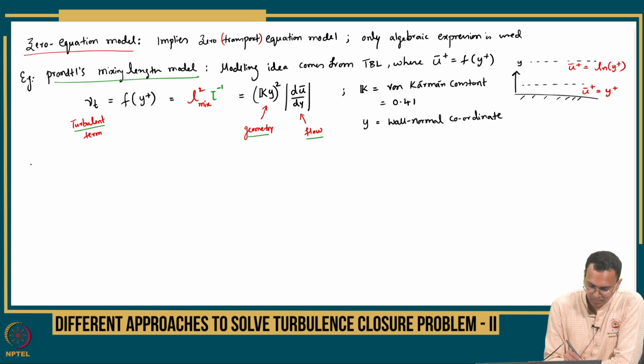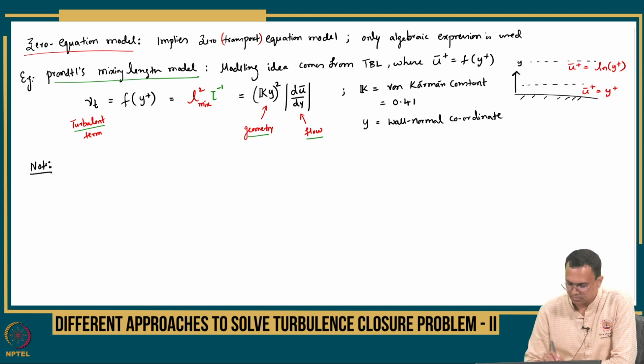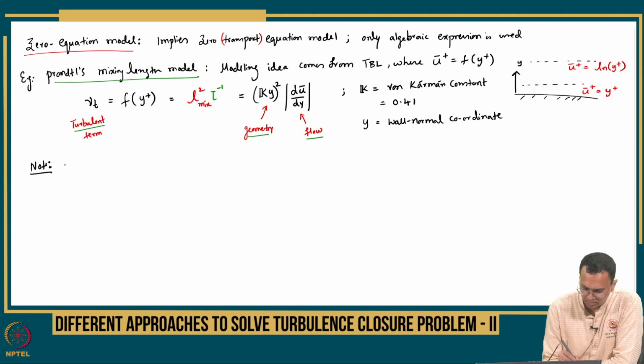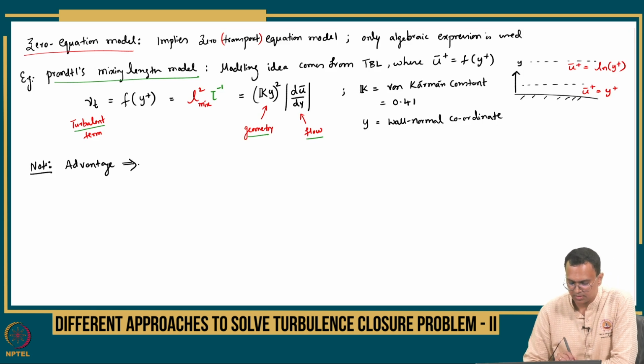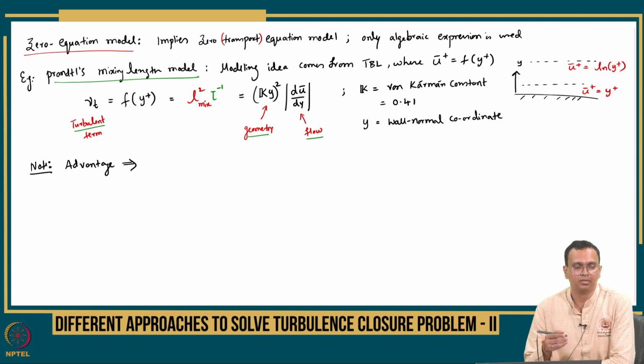So note, the model is very basic. The main advantage, or one advantage I can think of, is that you can generate initial conditions in CFD calculations. When you initialize your velocity u, v, w, and then solve for pressure and everything, you need to give an initial condition in your CFD calculation.